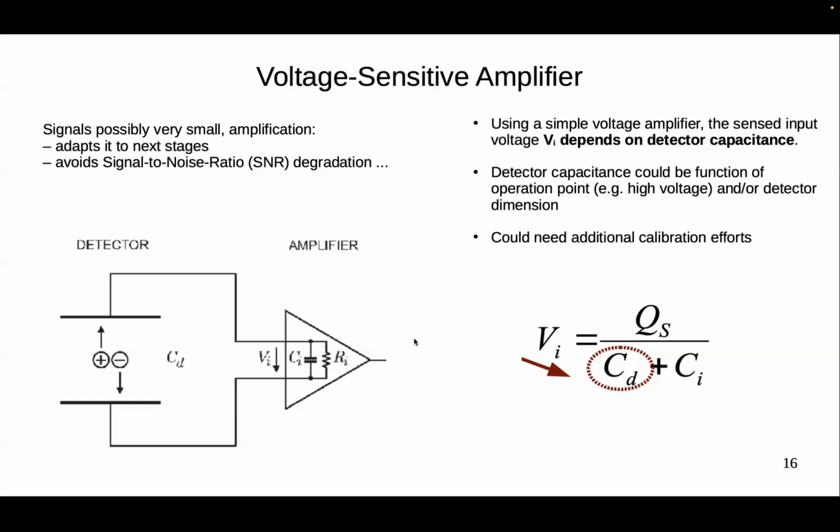So the voltage in the input will depend on the detector. The detector capacitance can be a function of the operation point. For example, the detector works at a certain high voltage, and it also depends on the dimensions.